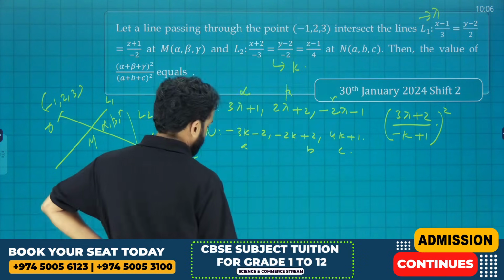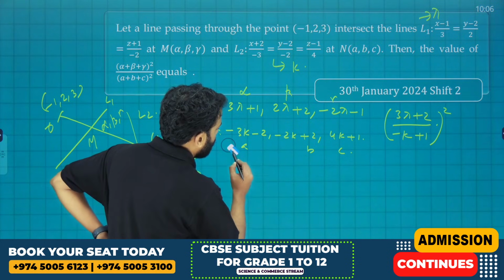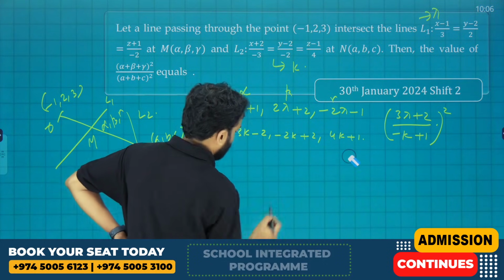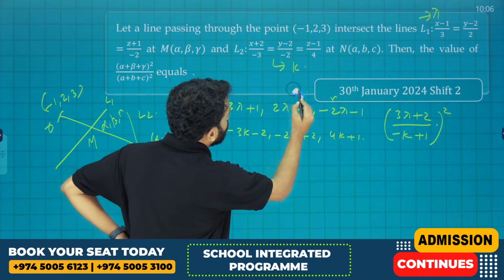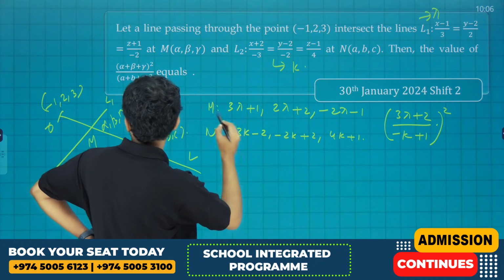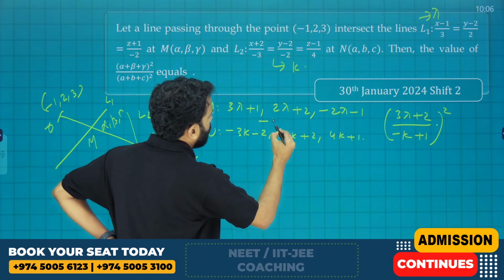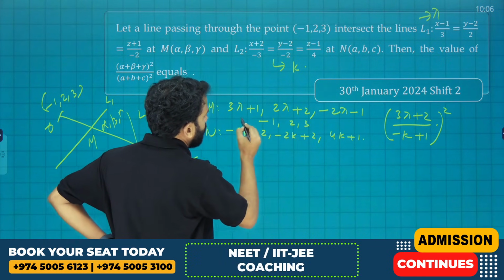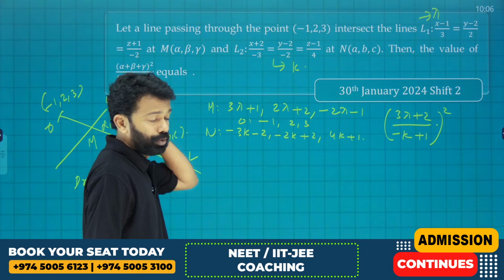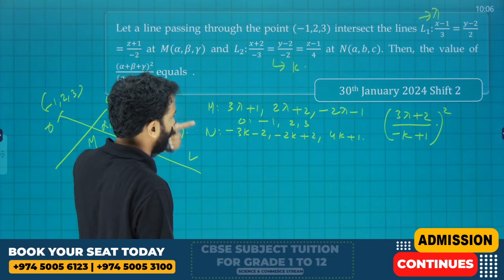Okay, I'm going to erase this. Okay, then this also. I'm going to put minus 1, 2, 3 here. That is point O. Okay, so how will you find MO?